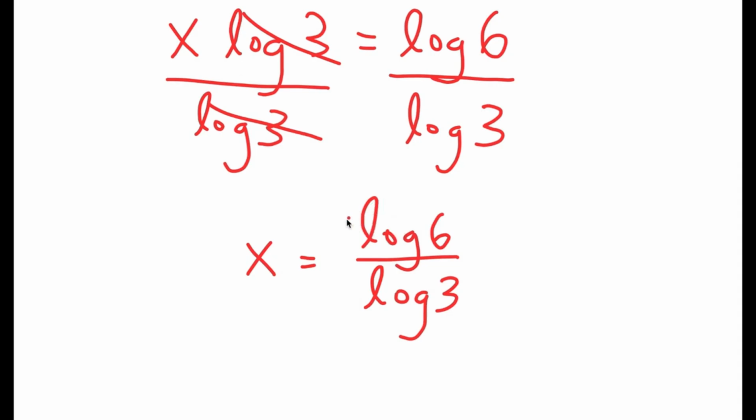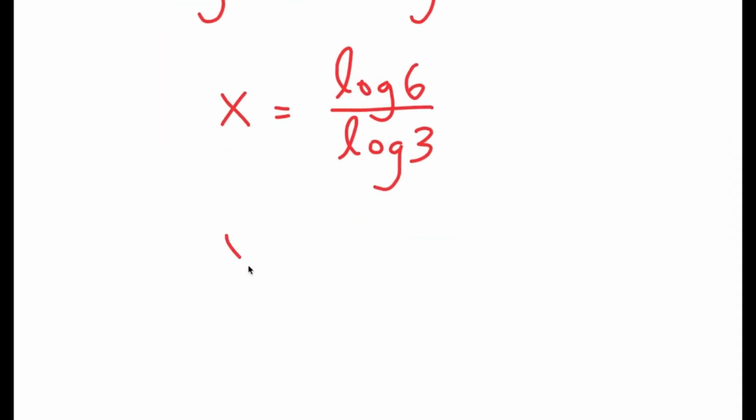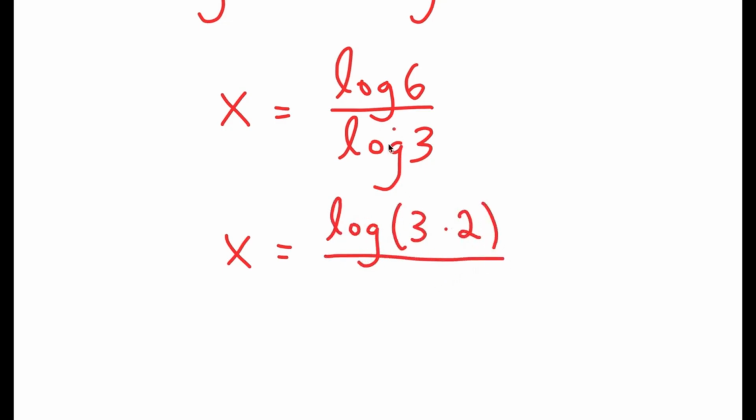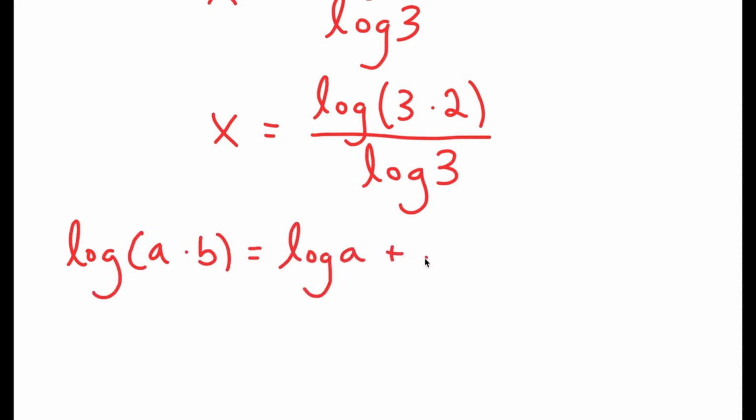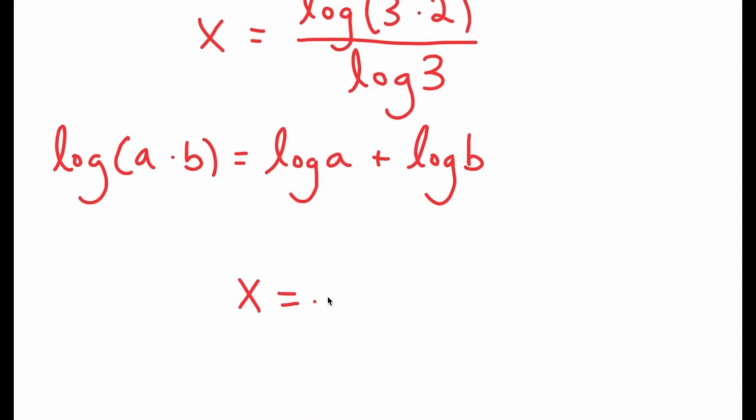Now, what I'm going to do is rewrite log 6 as log of 3 times 2. So I have log of 3 times 2 over log 3. And if I have something in the form log of a times b, this is equal to log a plus log b. So log of 3 times 2 is equal to log of 3 plus log of 2.